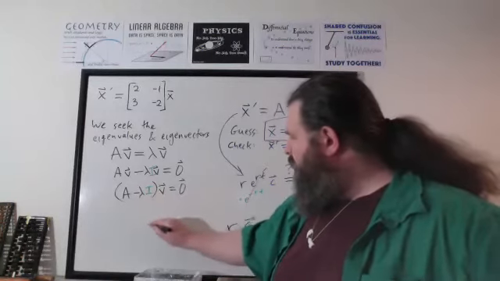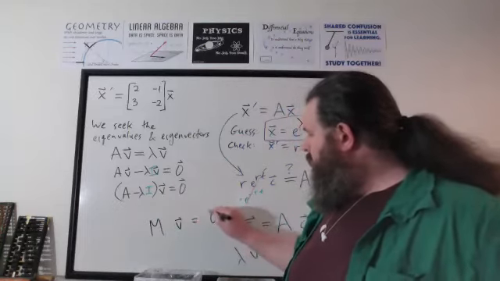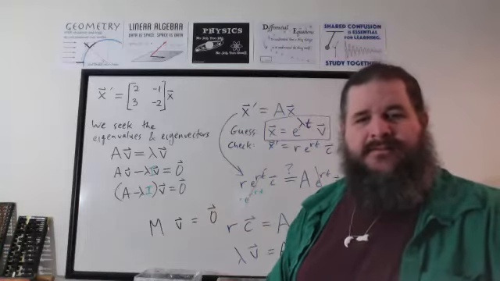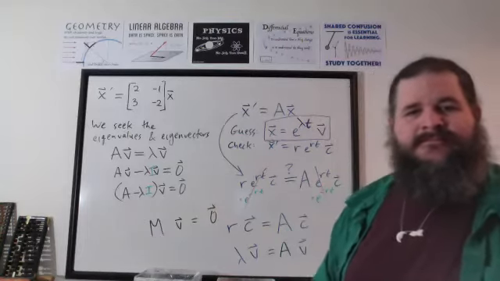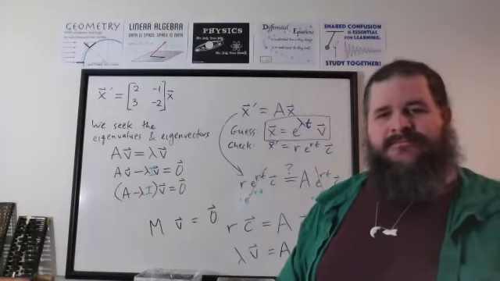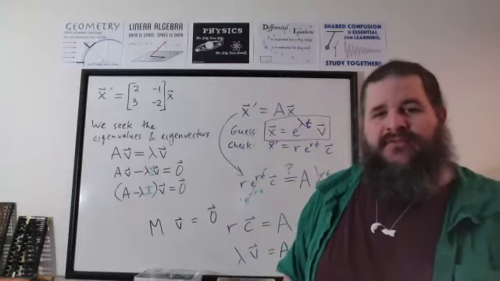Let me just call this M for the moment. If M has an inverse, what could we do to solve for V? What could you do with that inverse to get V by itself here?